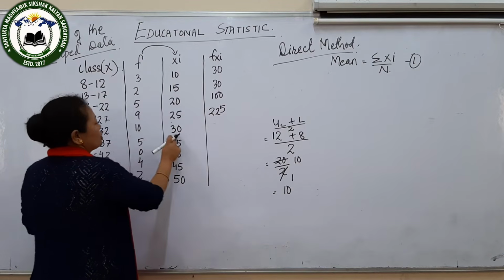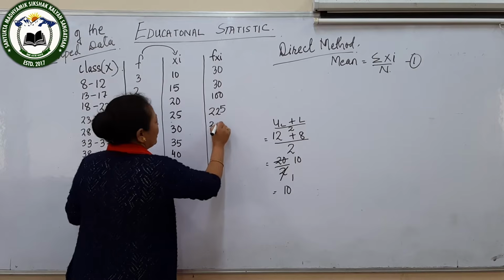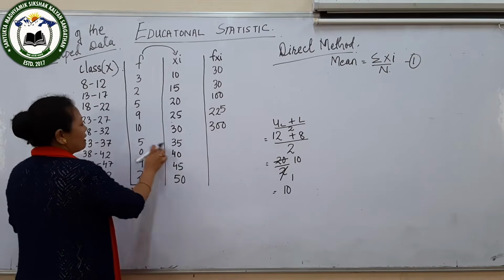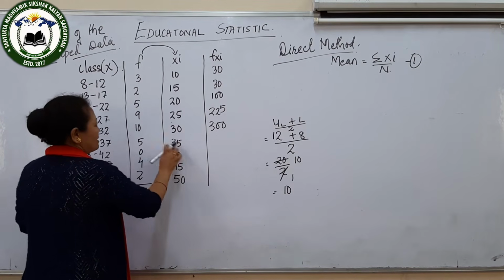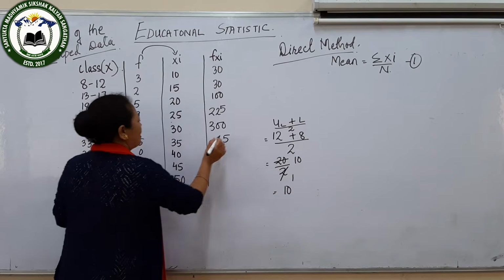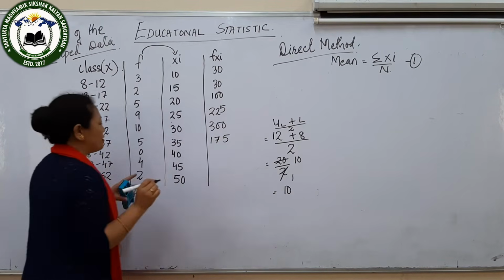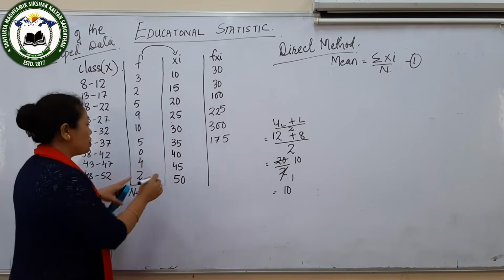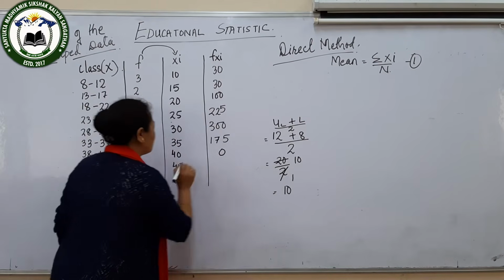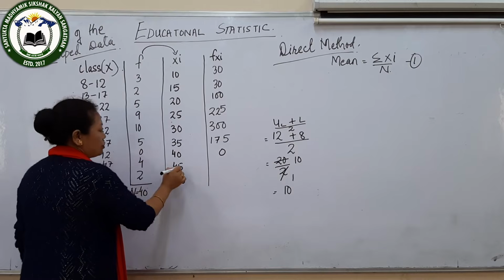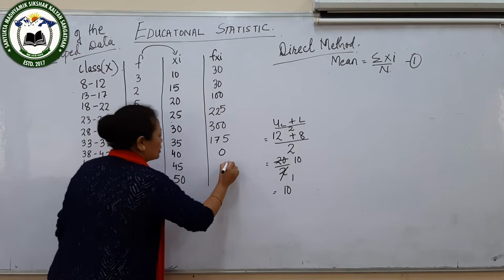Likewise, 10 into 30 is 300. 5 into 35: 5 5s are 25, 5 3s are 15, 16, 17, so 175. Then 4 into 45: 4 5s are 20.